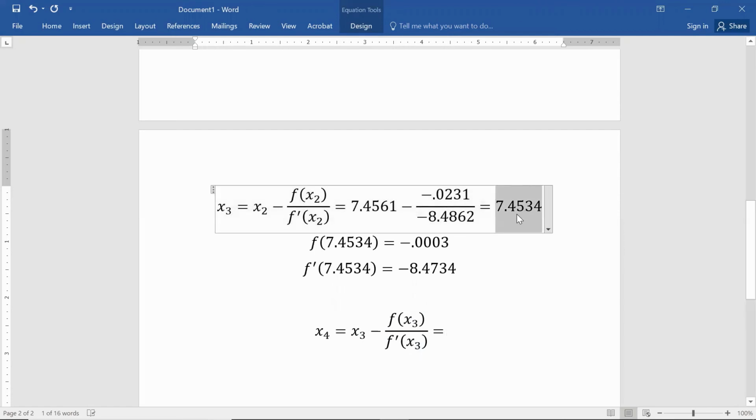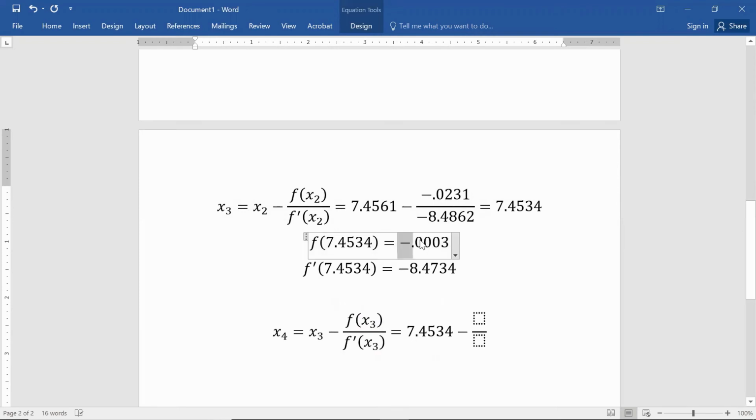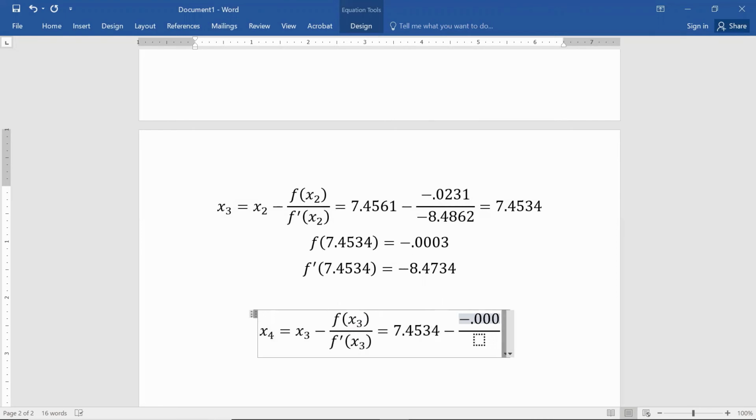We take the value 7.4534 and subtract negative 0.0003 divided by negative 8.4734.